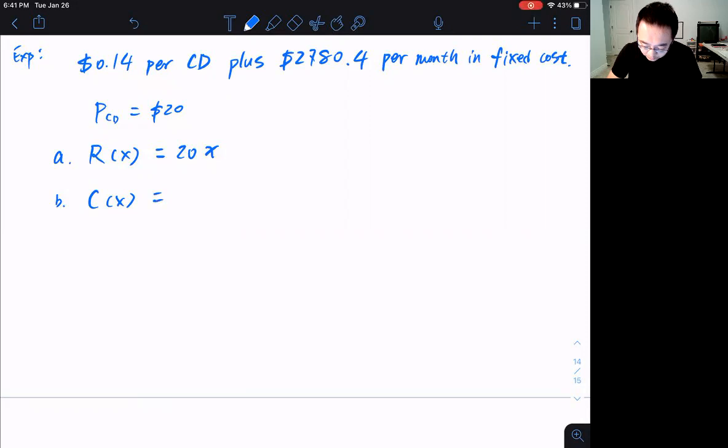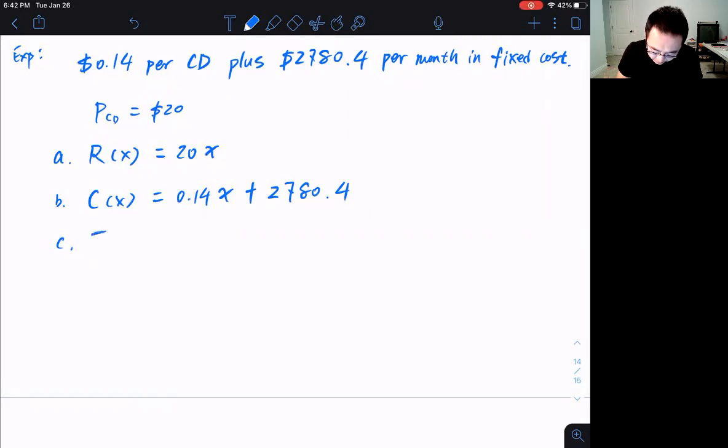And this equals 0.14 times x, right? 14 cents per CD times however many CDs, plus the fixed cost, which is 2,780.4 per month. Now I can ask you, well, then what is the profit function? Hopefully you remember the profit function.